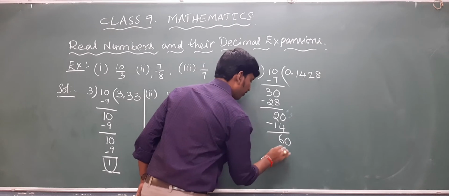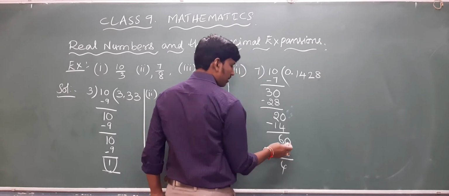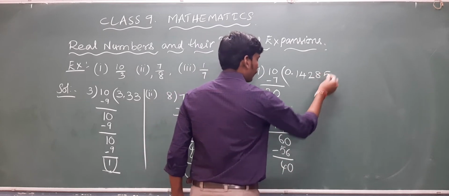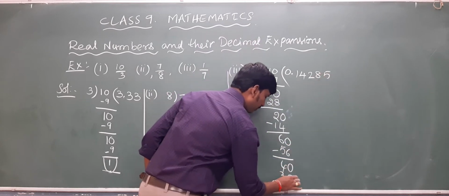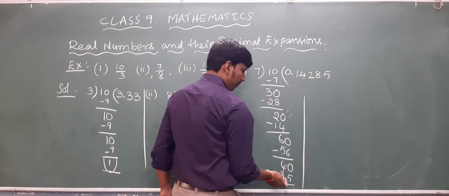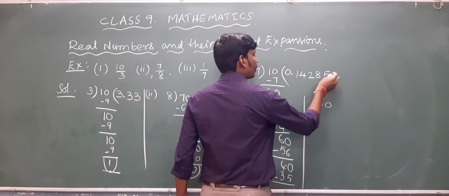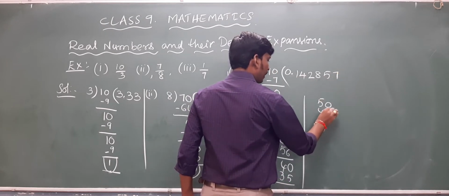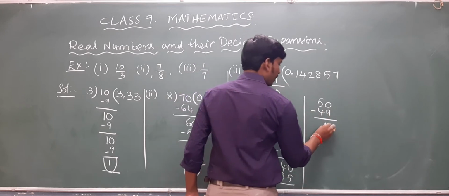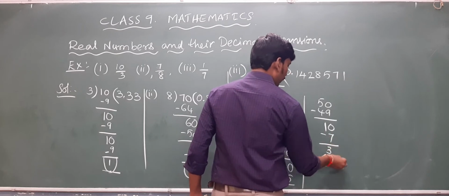Subtract, sorry, 60 minus 56 is 4. 40, 7 5s are 35. 40 minus 35 is 5. Again decimal point 0, 50, 7 7s are 49. Subtract, 1. So 1 is again repeated. 10, 7 1s are 7, again 3.